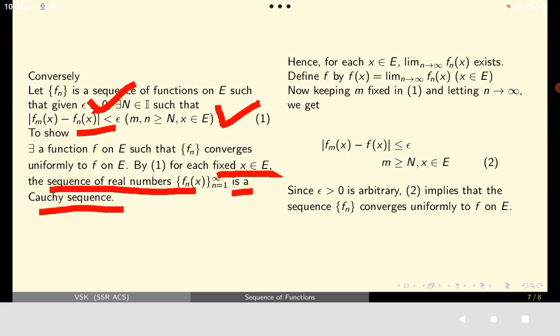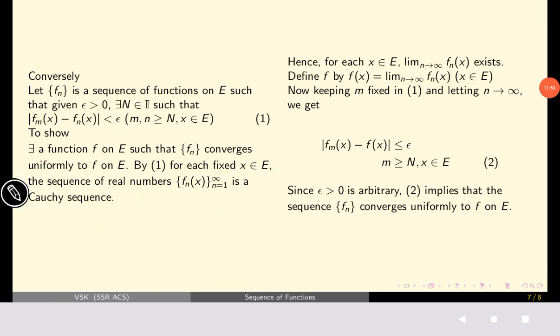Hence, for each x belonging to E, the limit as n tends to infinity of f_n(x) exists. Why is this so? Because a Cauchy sequence of real numbers is always convergent. So let us define this f, which we have to construct, by f(x) equal to this limit.